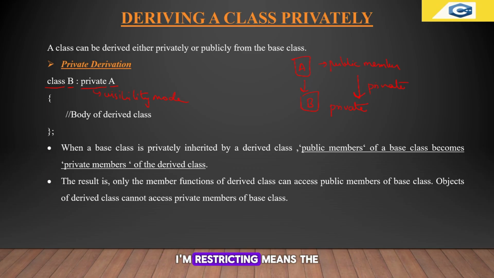The public members of the base class become private members of the derived class. Now, if it is private, only the functions of the derived class can access the public members of the base class.